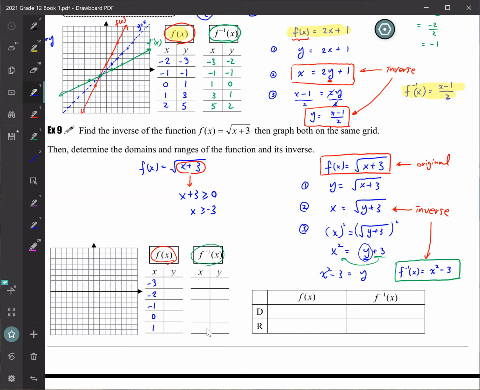Please raise your hand if you finish the graph for the red.